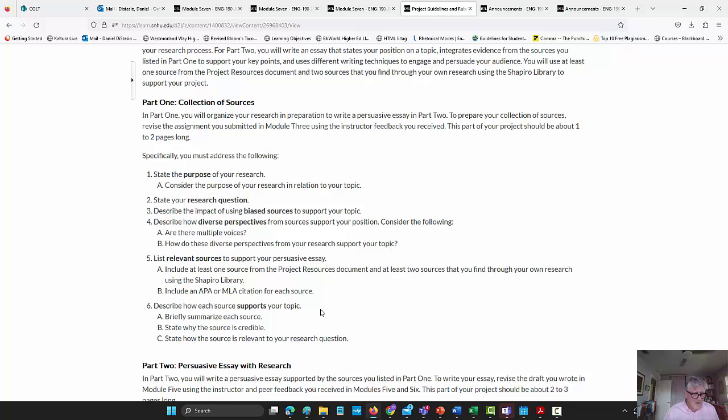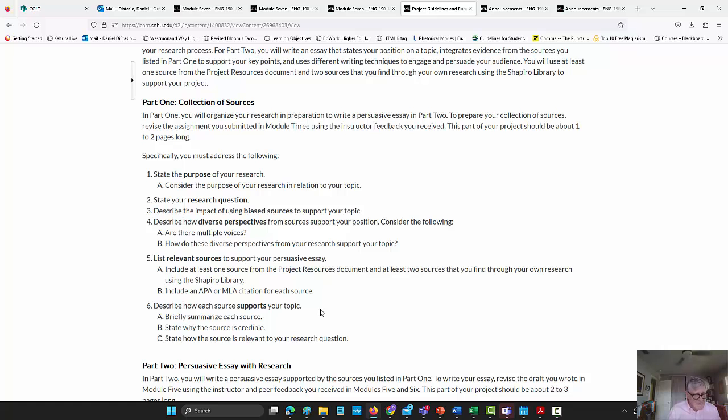Some of these questions are quite straightforward, but many of them do require more than just a sentence. So state the purpose, that's a sentence. State the research, that's a sentence. Describe the impact of biased sources. If your sources are promoting your point of view, or if it's a journal or a study, typically those are more objective.